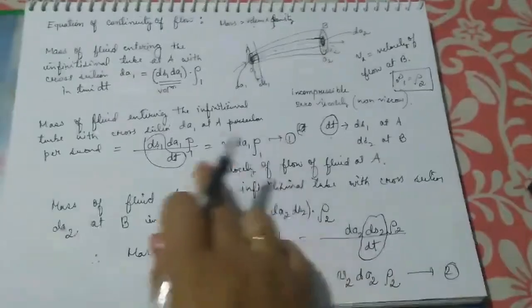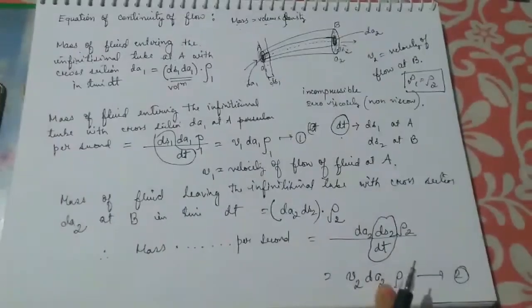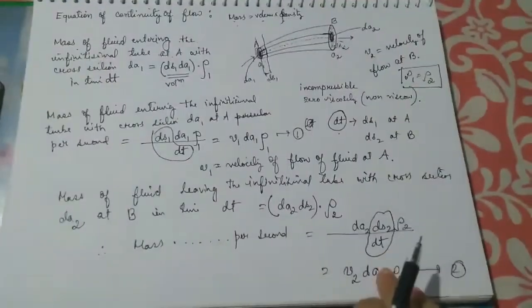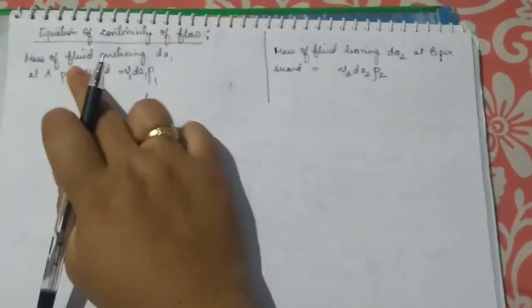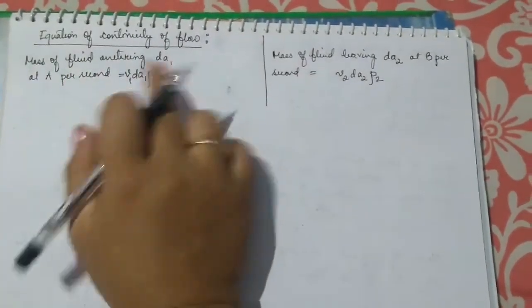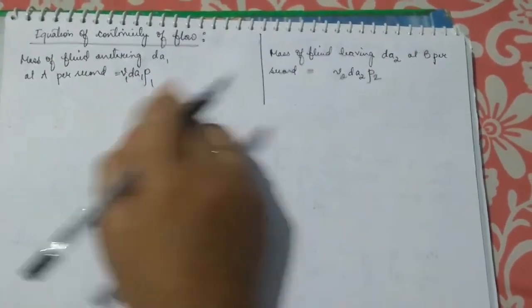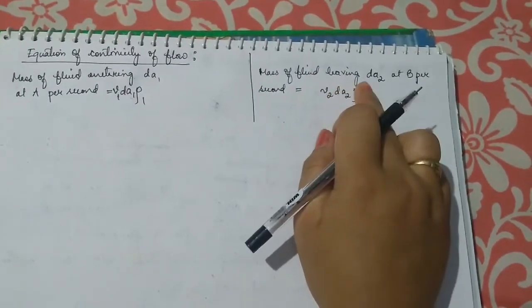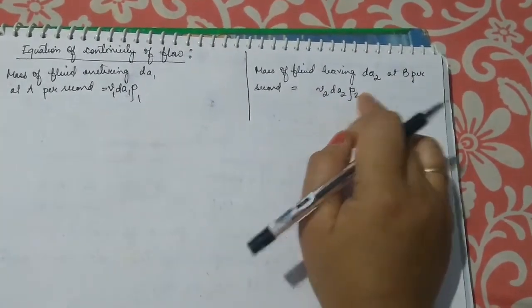Now this thing that we have calculated, this is the mass of the fluid not through the whole cross section, only through dA1, and this is the mass of the fluid that is passing out, but not through the whole cross section, only through dA2. So we have got to know that the mass of the fluid entering dA1 at A per second is V1 dA1 rho 1, and the mass of the fluid leaving dA2 at B per second is V2 dA2 rho 2.